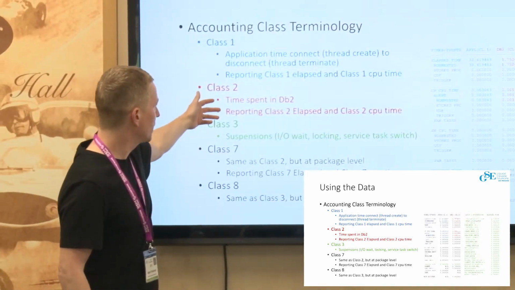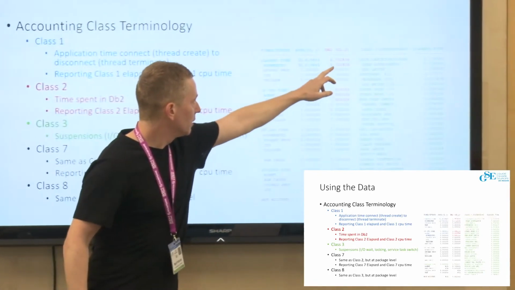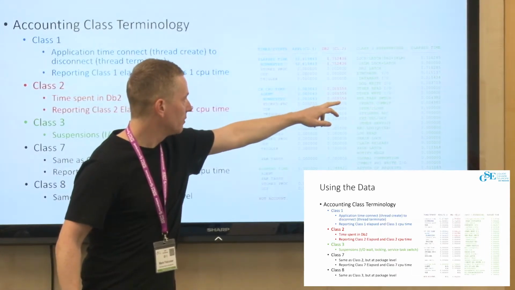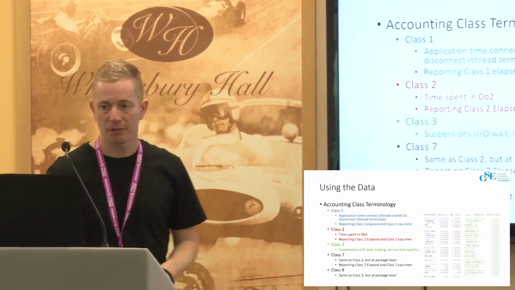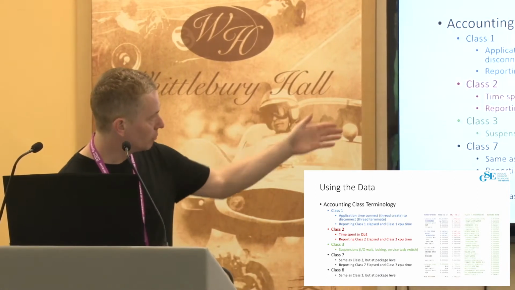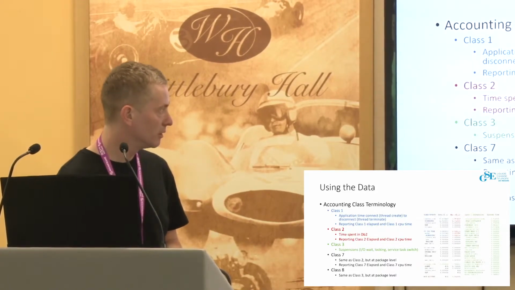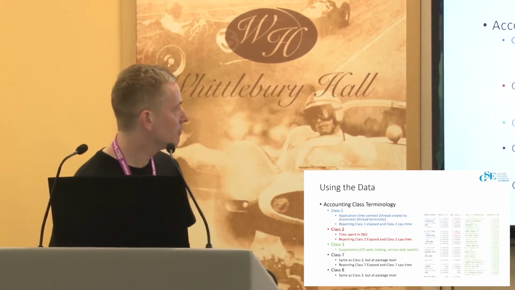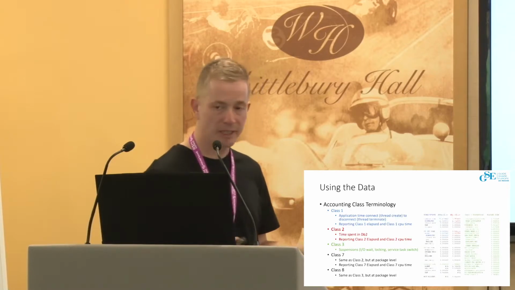Class 2 time is time spent in DB2 doing work, so that includes the full elapsed time, and it's also split by CPU. And then you get your class 3 time, which are your suspensions, and they're all listed down the right there. The main ones are lock latch wait time, synchronous I/O, lock contention, global contention.